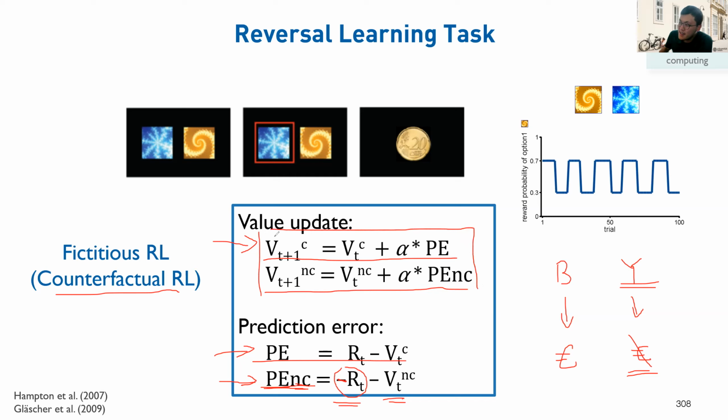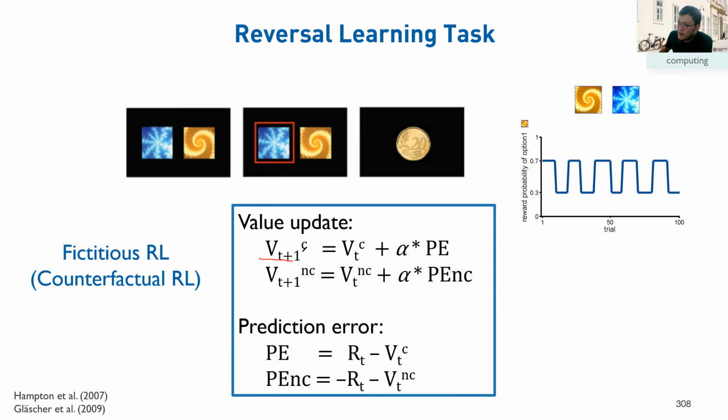Only that the chosen value here is updated from the chosen prediction error. The unchosen value is updated from the unchosen prediction error. And they are using the same learning rate. You might be wondering why; the same learning rate is for simplicity. You could have two, it's possible. Then you have another model, right?